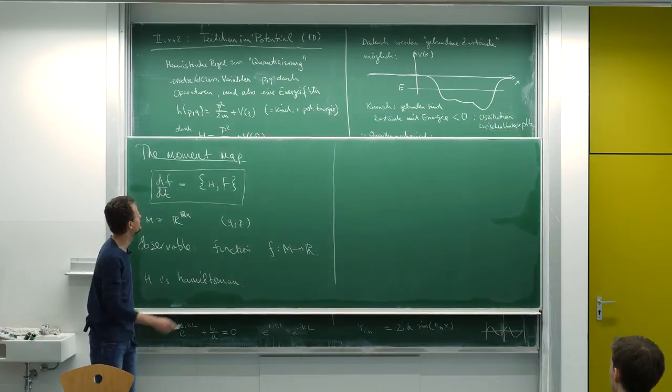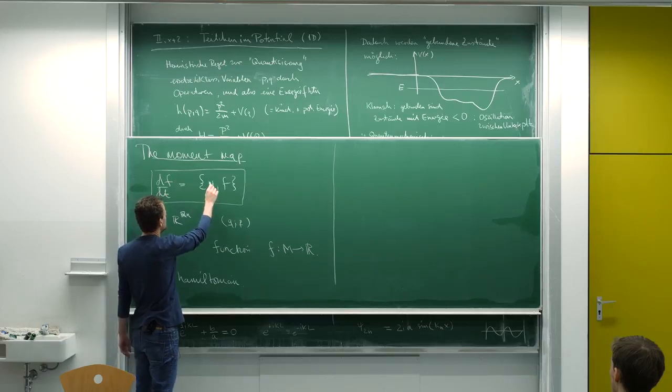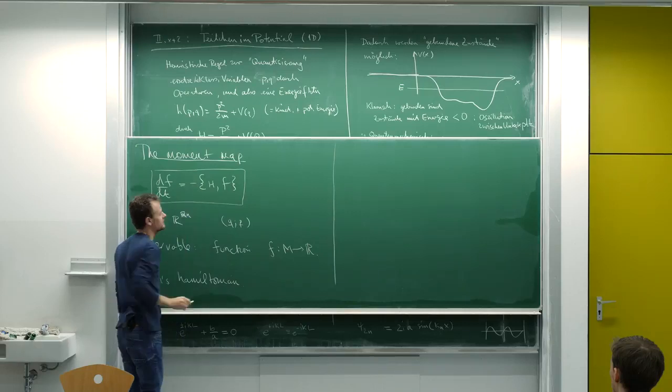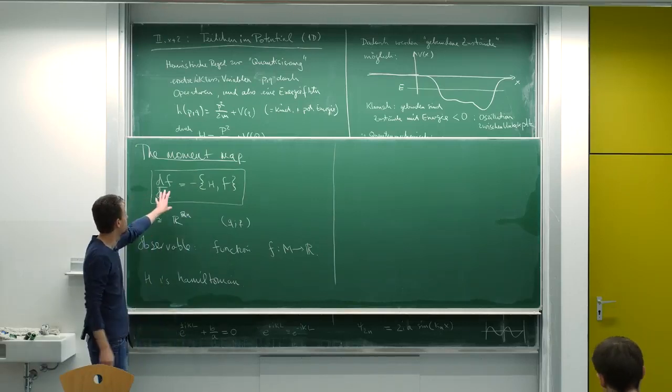I think I have a minus sign error here. So dq/dt is dH/dp, right? I think there's a minus sign there. It doesn't matter for what I'm going to say.